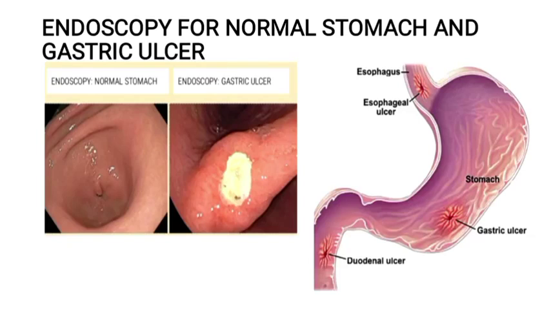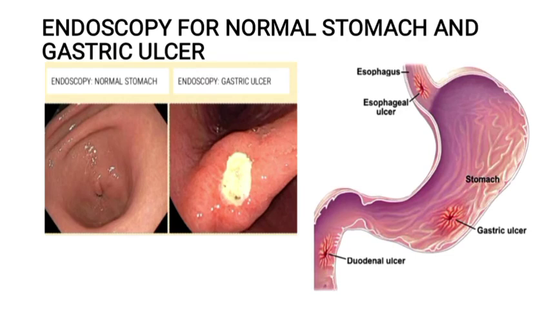An ulceration can be seen by using endoscopy, that is EGD. Here we can see the normal stomach, and here we have the gastric ulcer.